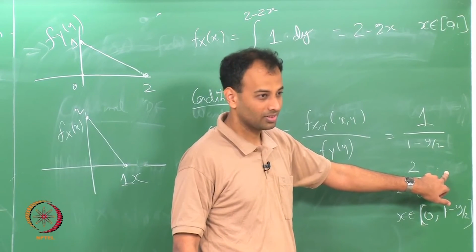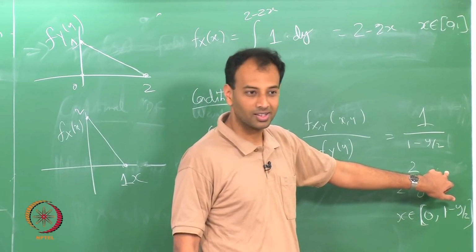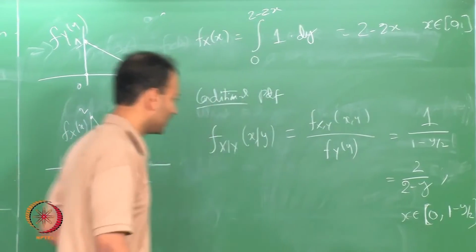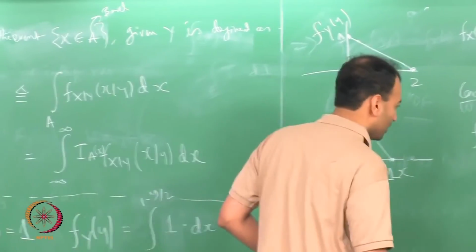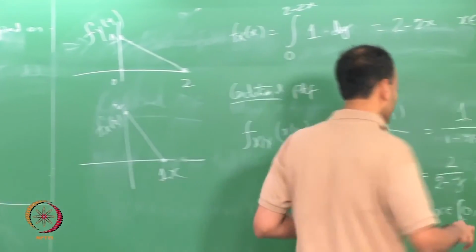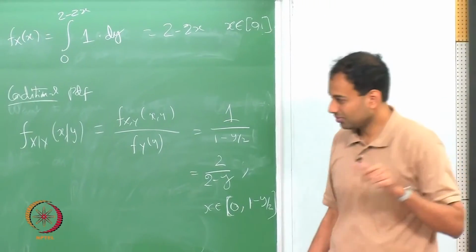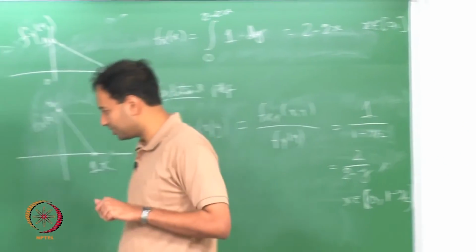Correct. So, I hope I did not make a mistake, I think this is actually correct. So, you have a uniform distribution on 0 to 1 minus y over 2 if you fix a y. Does that make sense?